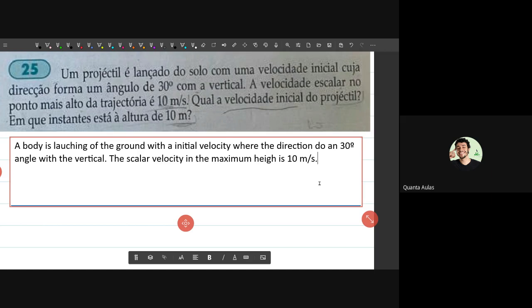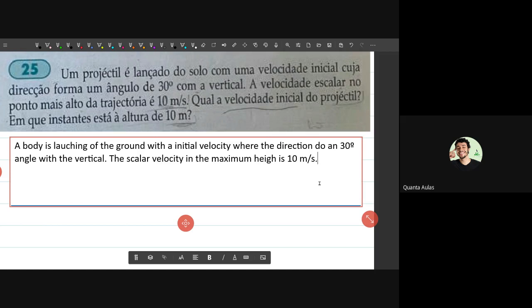So you need to remember what I just did in the last problem. You said to me, the velocity at the maximum height is 0, and I said, yeah, but only in the y-axis. In the x-axis, in the horizontal, it is not 0. It's always the same velocity, okay? It's constant velocity.